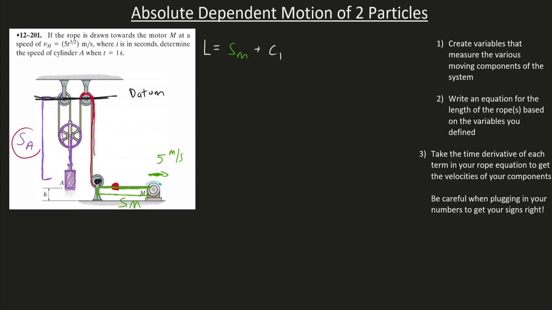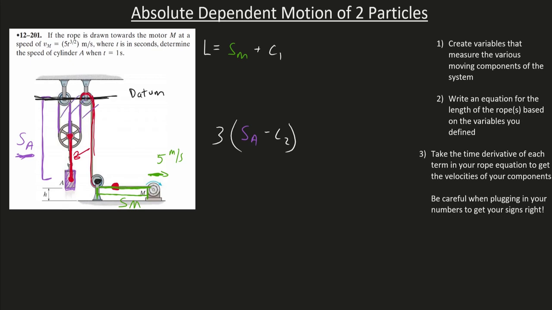So because of that, I know they're going to be in terms of my position variable A. So the way I can get these 3 ropes here is going to be my SA minus this distance right here. And again, this distance, that red distance, is just that constant cable linking my cylinder to the center of that pulley. So it's going to be SA minus a constant C2, which will be one of these purple ropes. Of course, I have to multiply this by 3 to get all 3 of them.